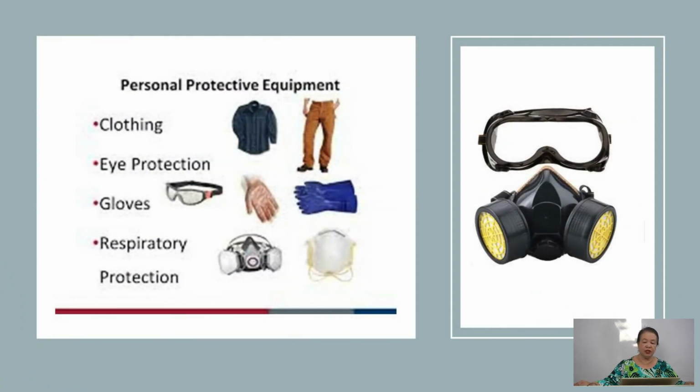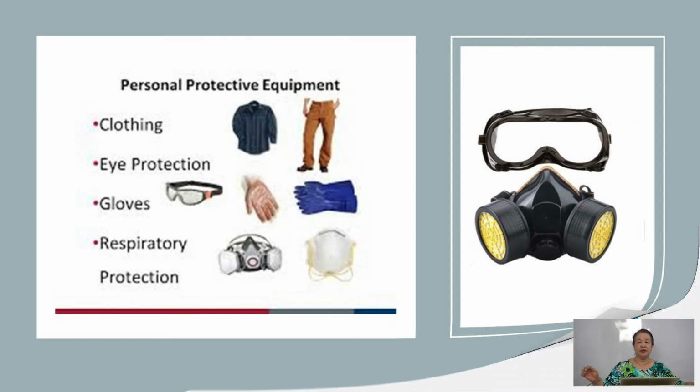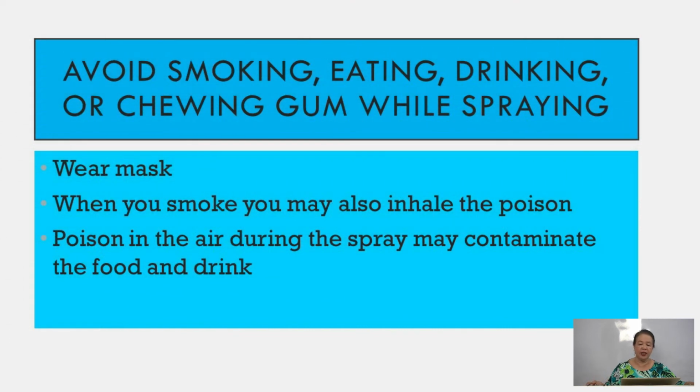Personal protection equipment: clothing, eye protection, gloves, and respiratory protection to keep you protected with the use of the pesticides. Avoid smoking, eating, drinking, or chewing gum while spraying. You have to wear a mask, so it's impossible for you to eat.